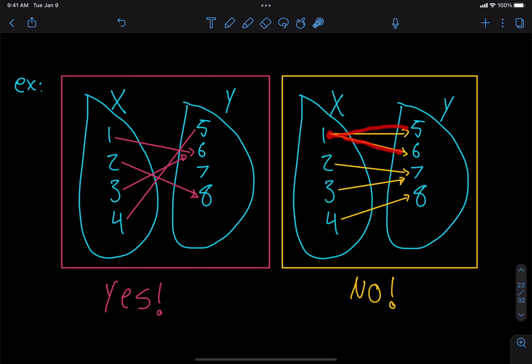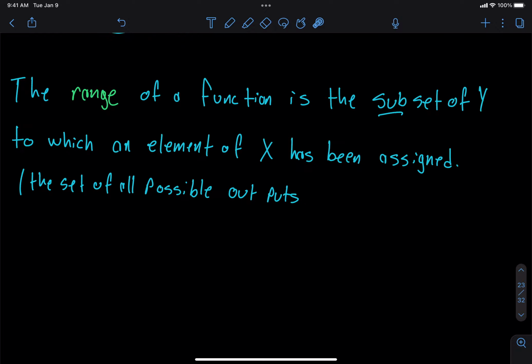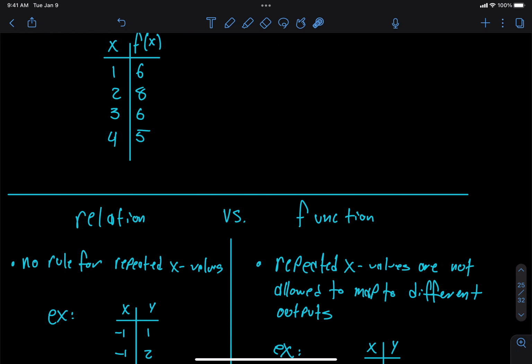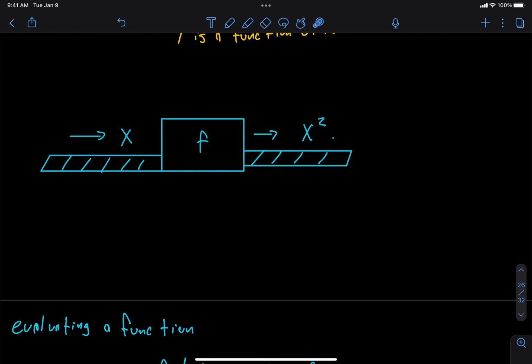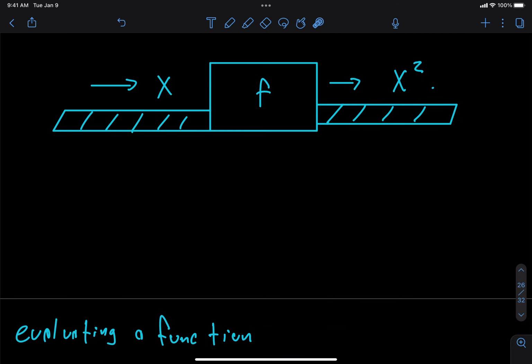Well, here's why. A function should be, loosely speaking, consistent, right? I'm going to scroll down for a second and introduce this conveyor belt idea really quickly.